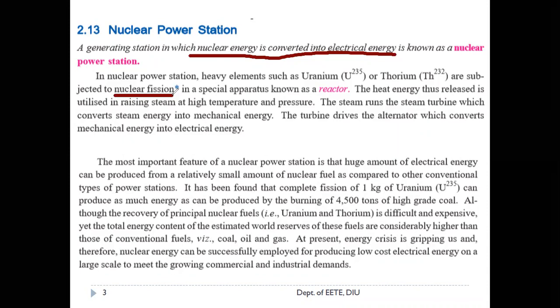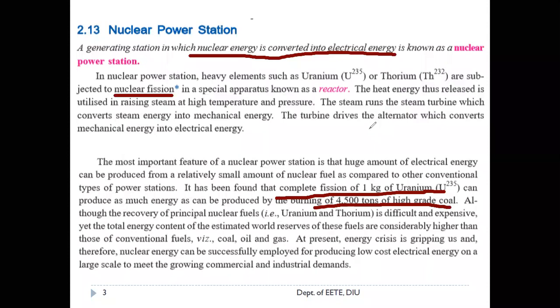A very important feature is that in a nuclear power plant you can get a huge amount of electric power by using a small amount of fuel. That is one of the key features of this power station. There is one statistic given here: to complete fission, 1 kg of uranium can produce as much energy as the burning of 4,500 tons of high grade coal, the top graded coal.